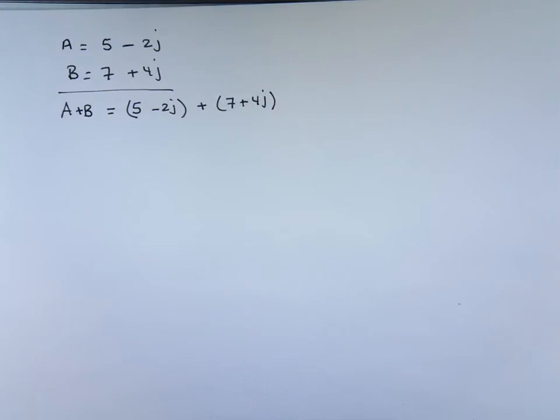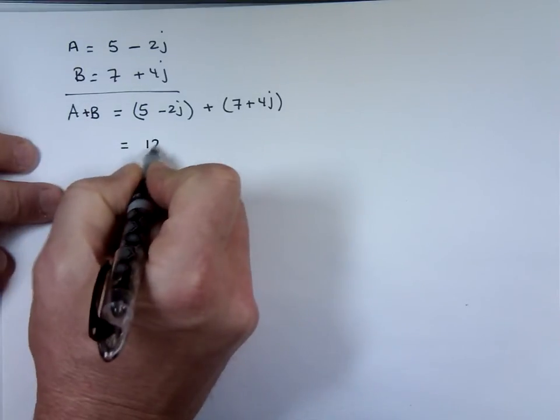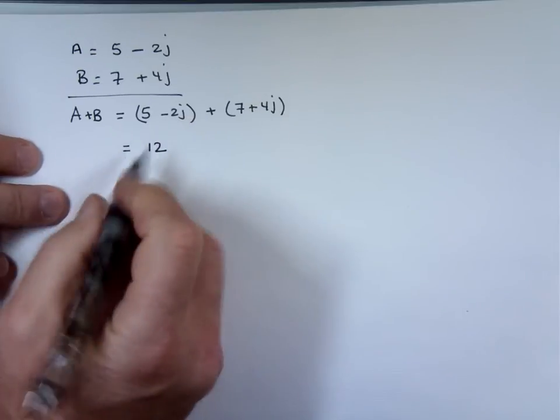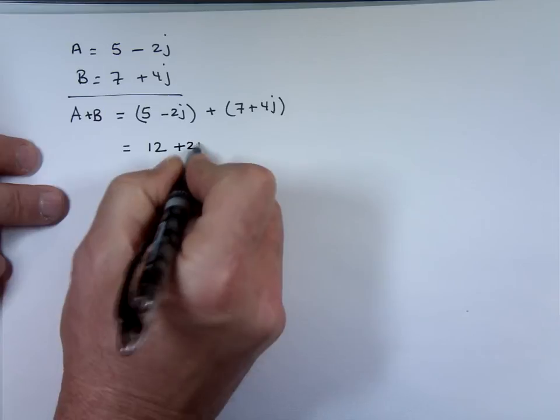Pretend j was x, and think about algebra. If j is x, and this is algebra, how would you add them? Collect like terms, right? So we take the 5 and the 7, we add them together. What's 5 plus 7? 12. And we take the j's and combine them. What's negative 2j plus 4j? 2j.